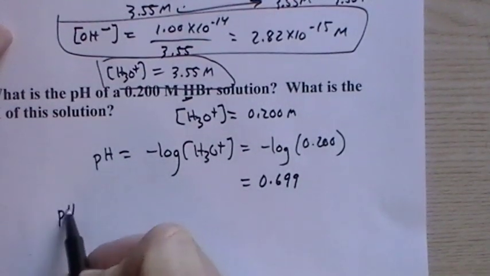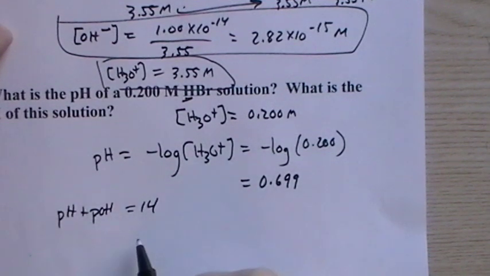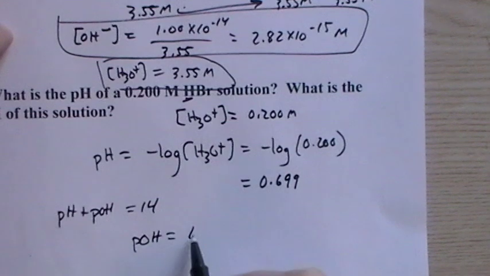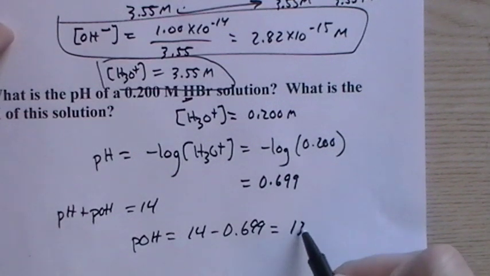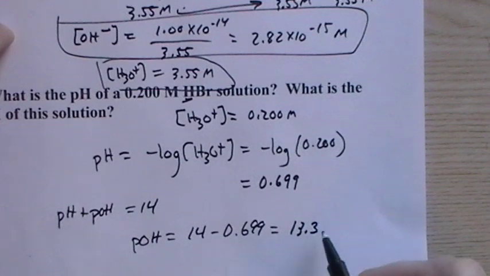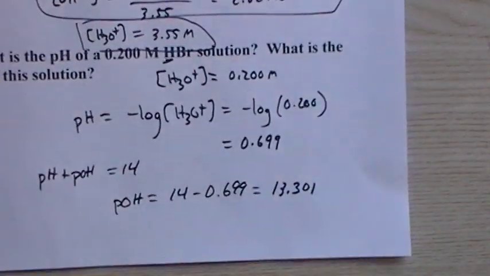We also know that pH plus pOH is equal to 14, and so our pOH is going to be 14 minus 0.699, and this is 13.3. We go out to 3 decimal places, so we can actually go out there. That 14 is exact.